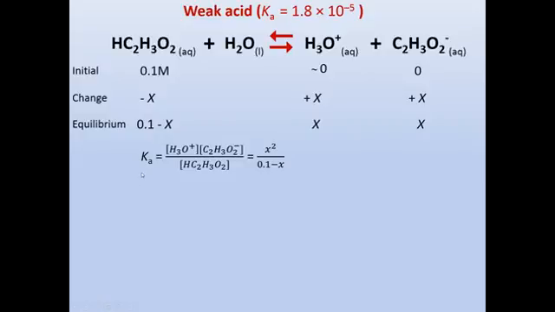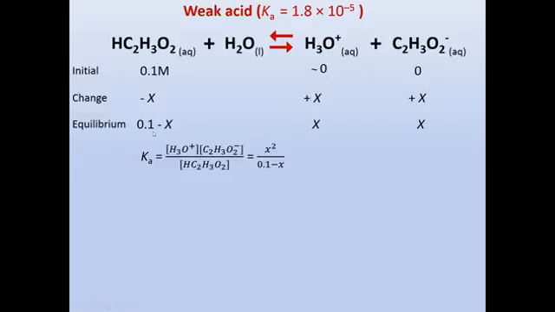So our expression for this weak acid constant, the Ka value, is equal to the concentration of the products, the hydronium ion and the acetate ion, divided by the concentration of the weak acid. At equilibrium, the concentration of the hydronium ion is x, the concentration of the acetate ion is x, so x times x is x squared.